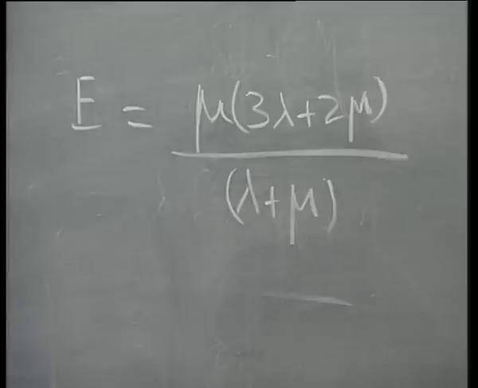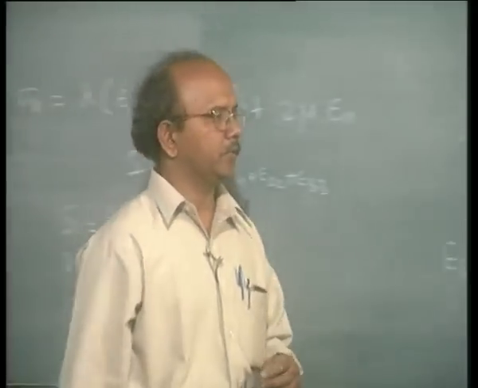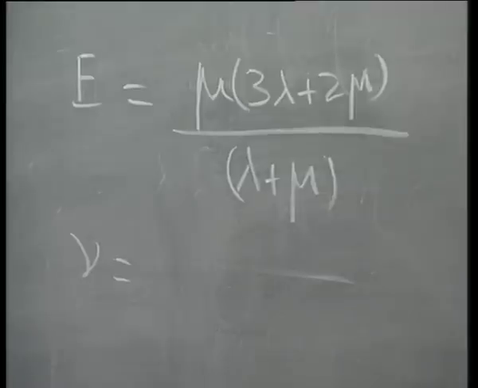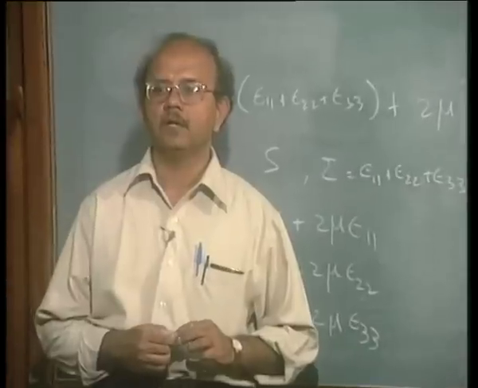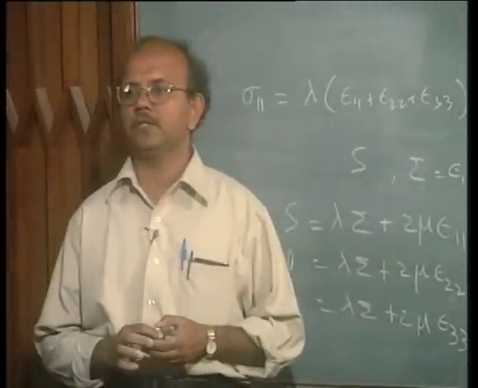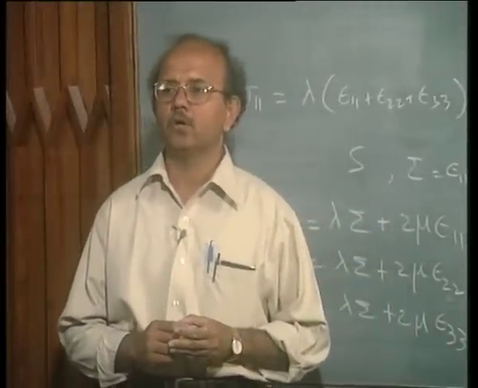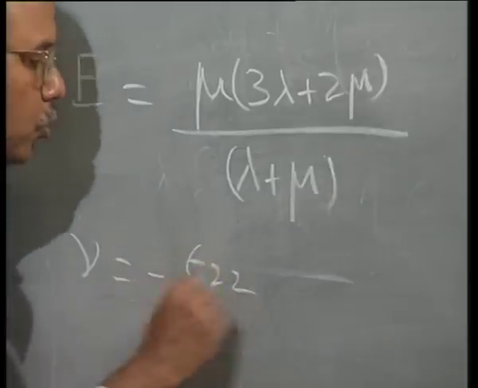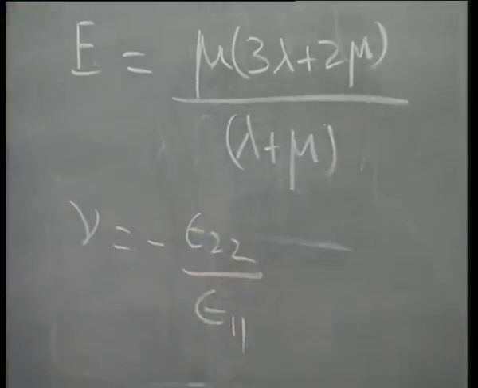Right? Okay. Now let us bring nu into the picture, because we want to swap lambda and mu with E and nu. Let us look at the definition of nu. What is nu? The Poisson's ratio. Lateral strain to linear strain. So how do I define that? This is defined as minus epsilon 22 by epsilon 11.